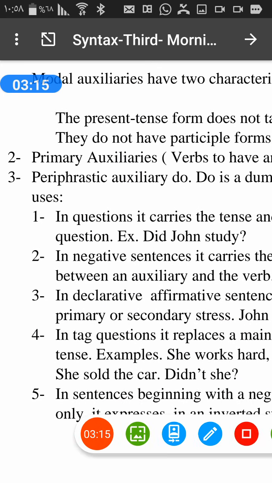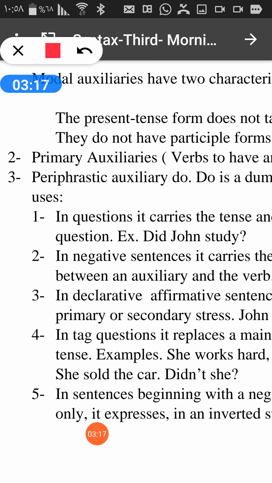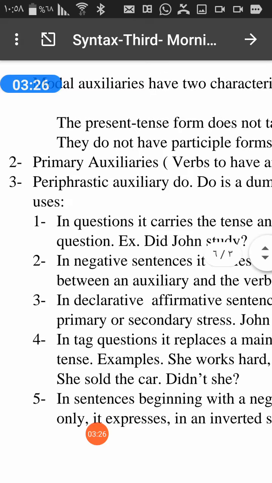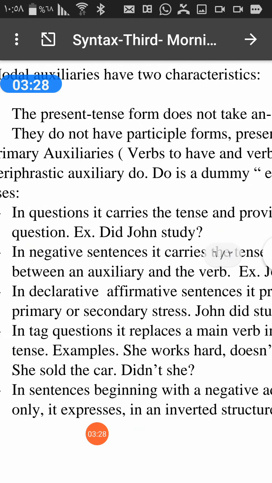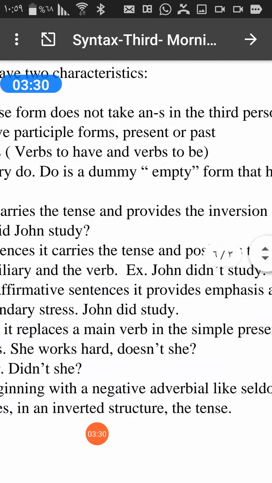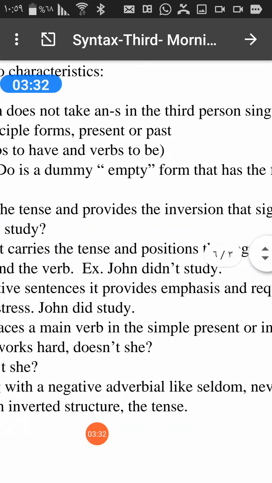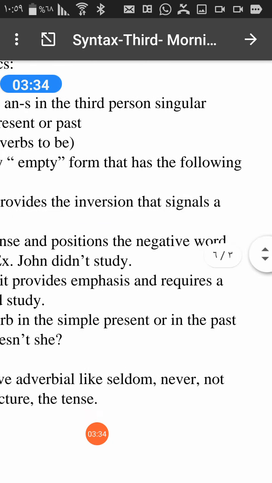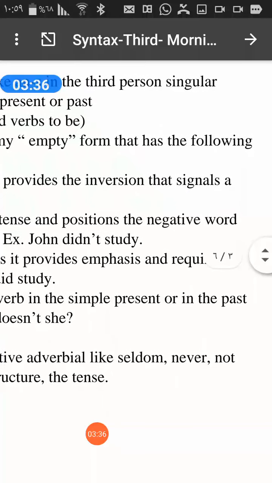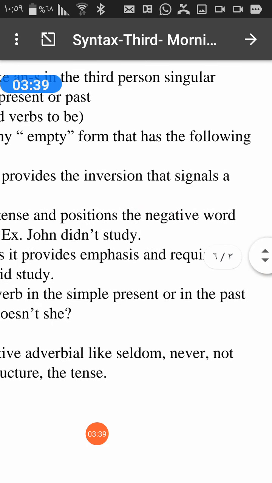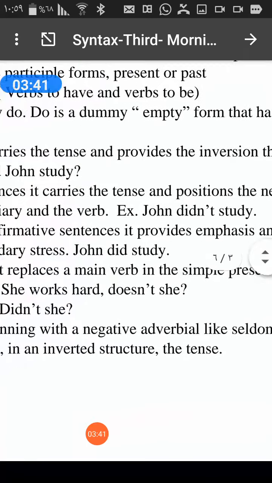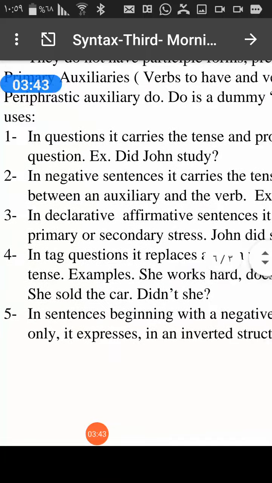So what are the uses? ما هي استخدامات الفعل المساعد do؟ First of all, أولا, in questions, في حالة الأسئلة, it carries the tense, يشير إلى زمن السؤال, and provides the inversion, ويعمل لنا قلب الجملة من جملة خبرية from a statement into a question that signals a question.